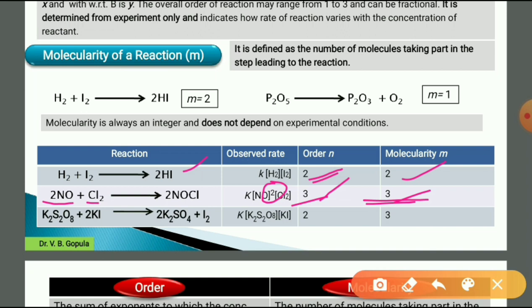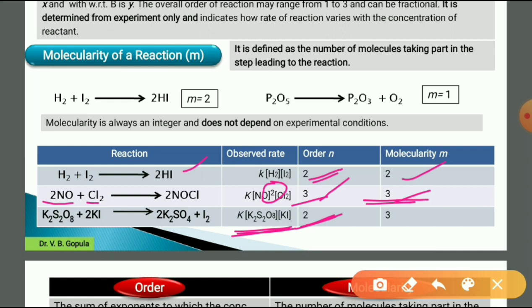Now here, the observed rate equation is rate = k [K2S2O8] [KI]. The powers of the concentrations are 1 and 1, and the order will be 2. So the order of reaction is 2, not 3.